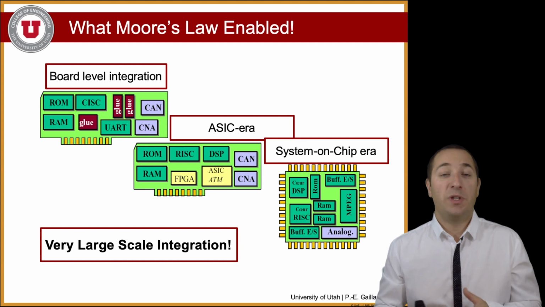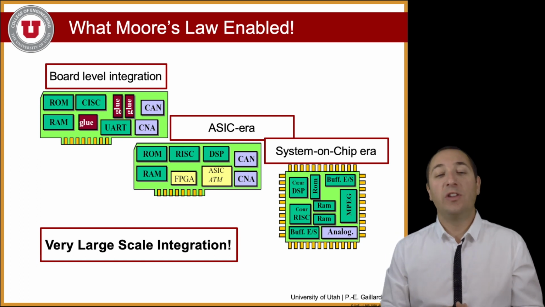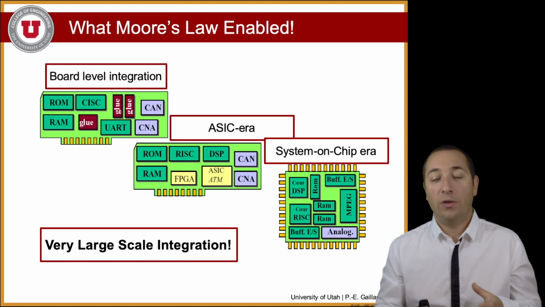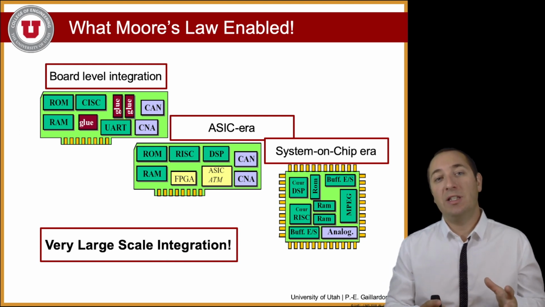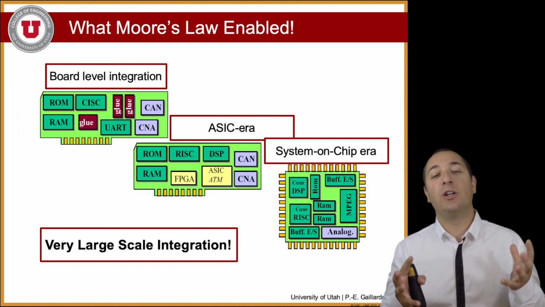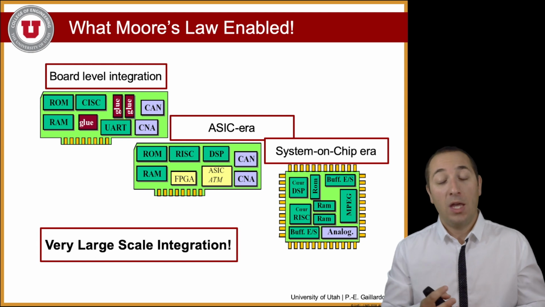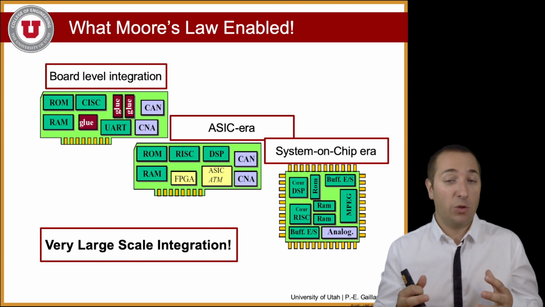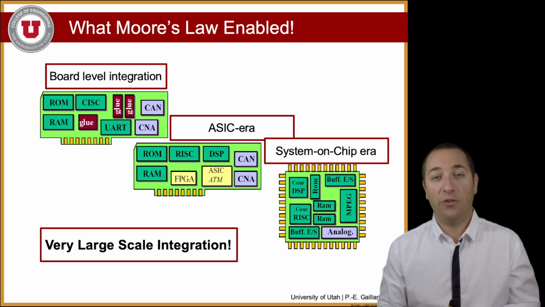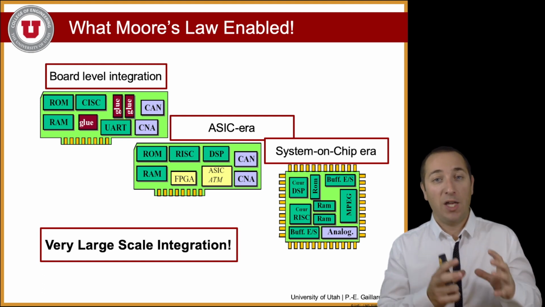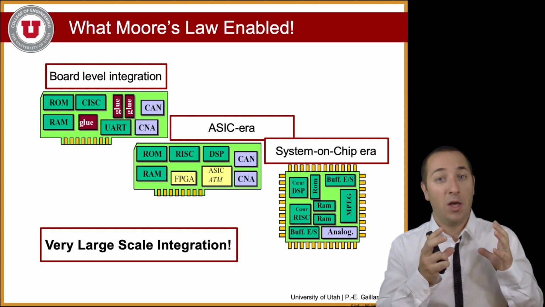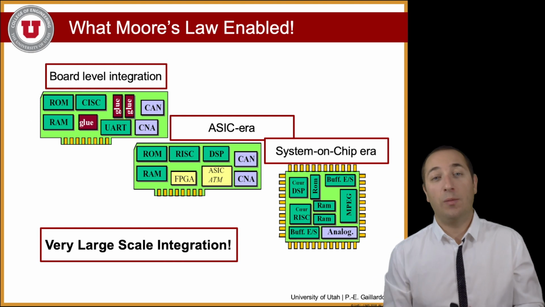Now, since the years 2000 has come the system-on-chip era, where the integration is at such capability that you can put every single function on a single chip in the form of what is called silicon IPs, where you'll have IP blocks that can be implemented and reused across various system-on-chip designs.